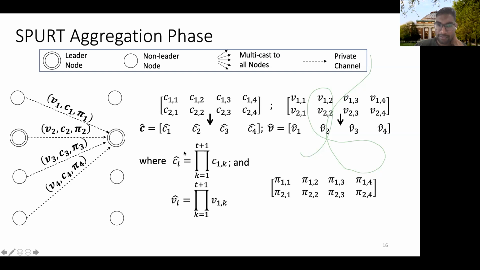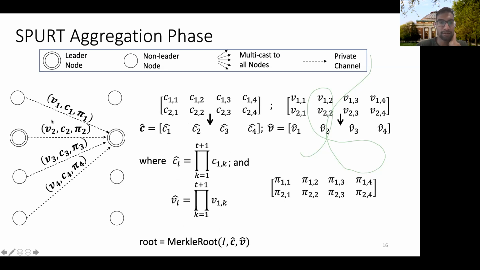The leader aggregates the commitment vectors and the encryption vectors and computes C hat and V hat. The proofs are generated using the Fiat-Shamir heuristic. It uses hash functions, so we cannot aggregate the proofs as of now, but that's okay in our case. Then the leader computes the Merkle root of C hat and V hat, indexed at I. I represents from which nodes the leader computed this commitment vector.